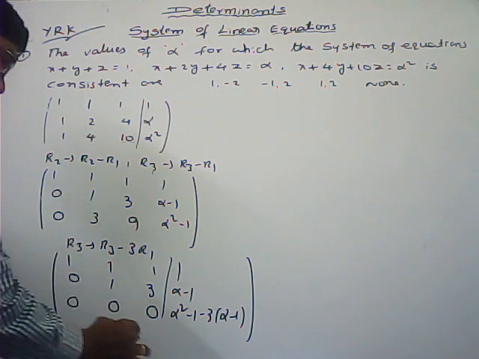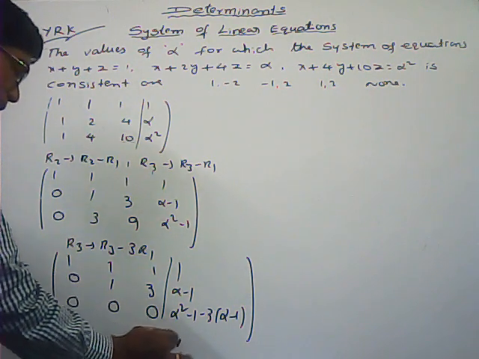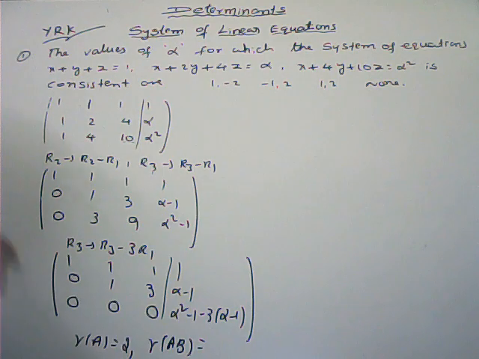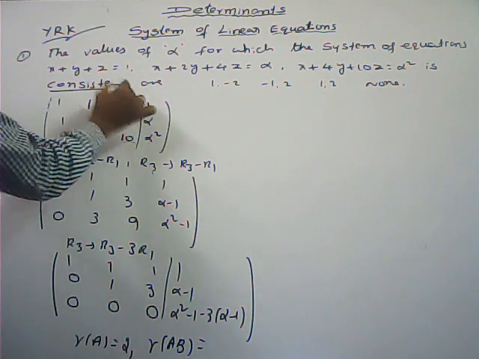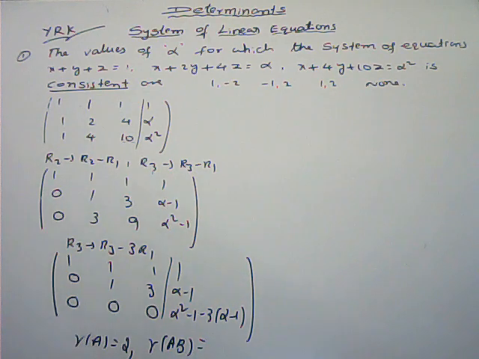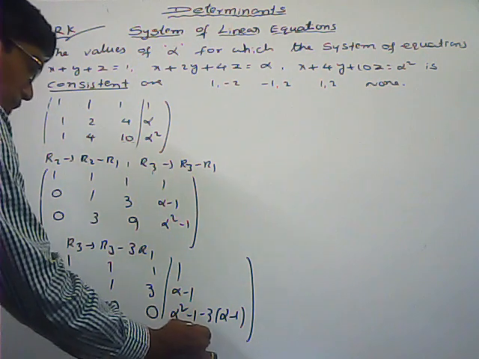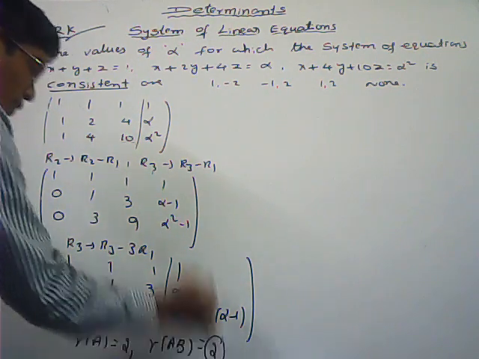And now the rank of the augmented matrix. Here they said consistent, and consistent means both the ranks should be equal. The rank of the coefficient matrix I got is 2, so the rank of the augmented matrix should also be 2.